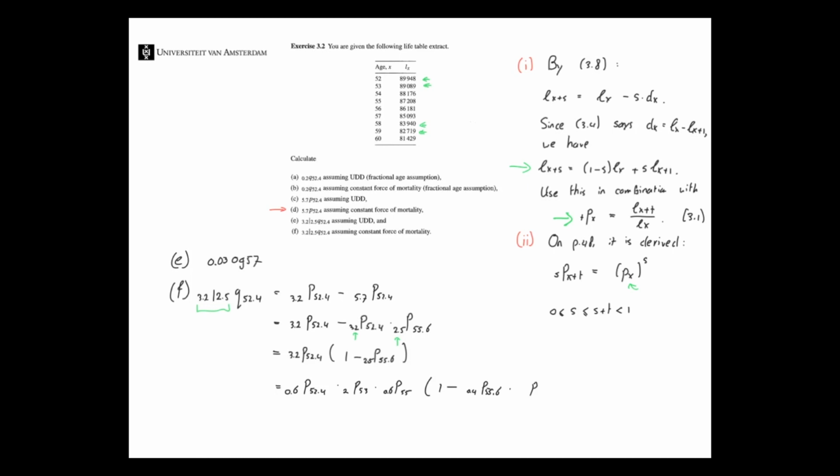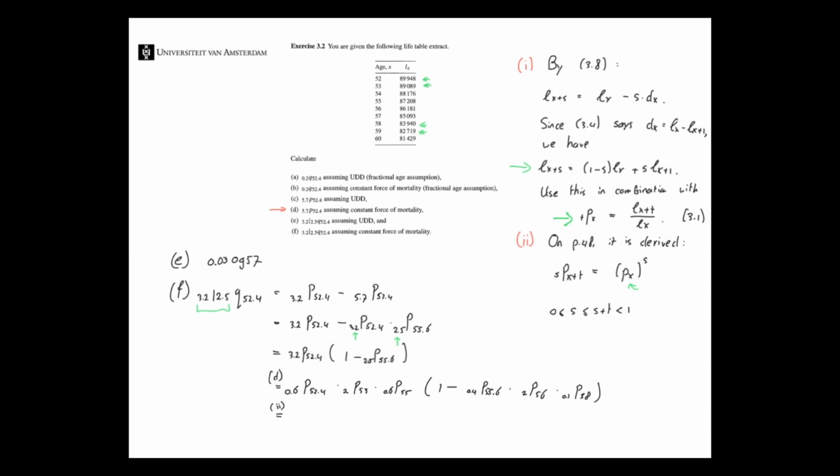Once we are 56, we have to age 2 more years. And then what is left? Well, 0.1 from age 58. Alright, and then we use part D, right?